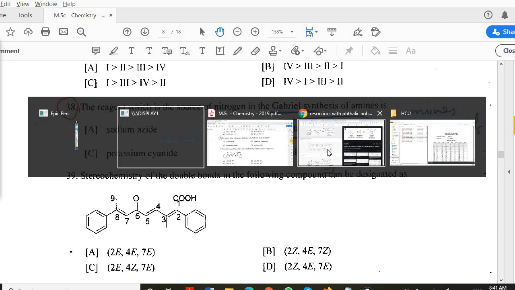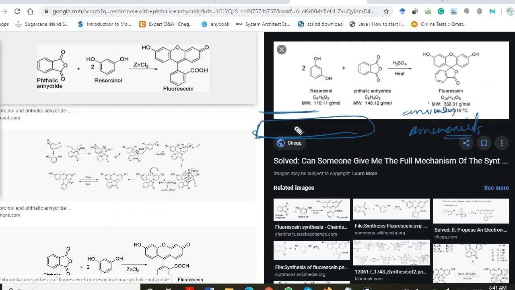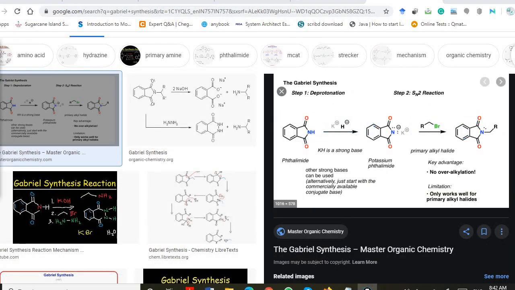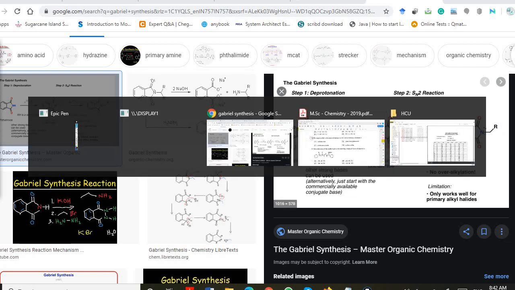If I can show you the specific reaction, this is the Gabriel synthesis, where potassium phthalimide is used in the presence of base to react with the alkyl halide to form alkyl amides. Upon hydrolysis, this is going to give R minus NH2. Okay, so amines are going to form.